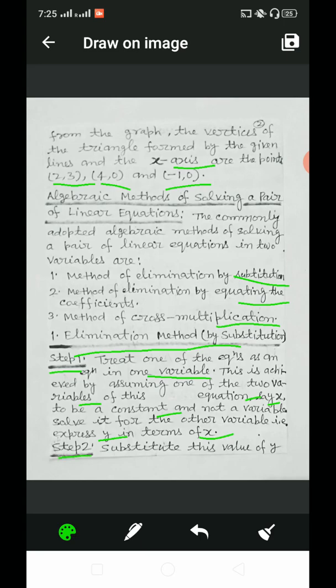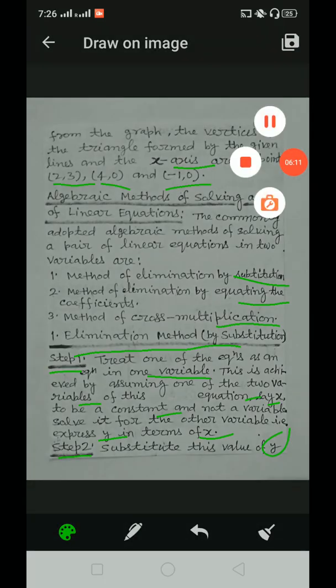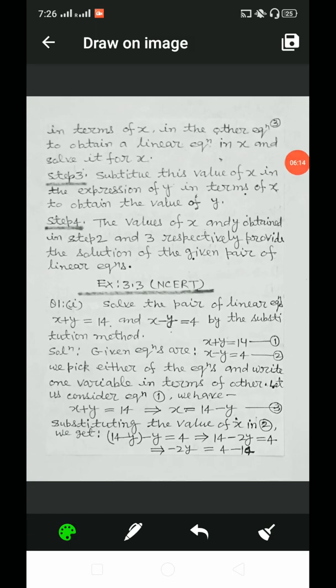In second step, substitute this value of y in terms of x in the other equation to obtain a linear equation in x and solve it for x. Step third, substitute this value of x in the expression of y in terms of x to obtain the value of y, and in fourth step, the values of x and y obtained in steps 2 and 3 respectively provide the solution of the given pair of linear equations.